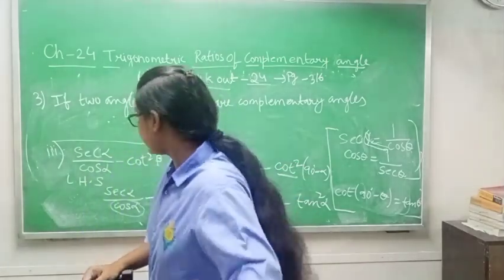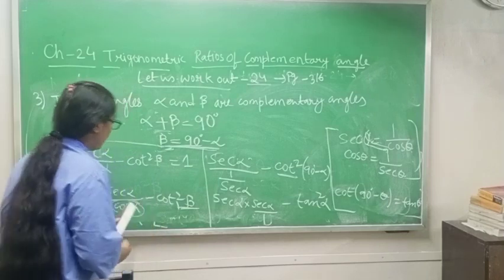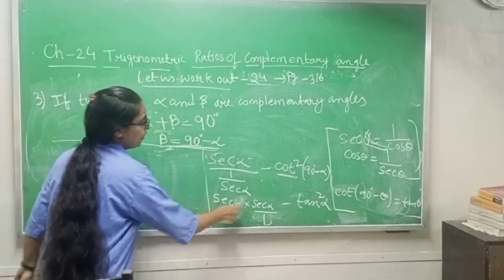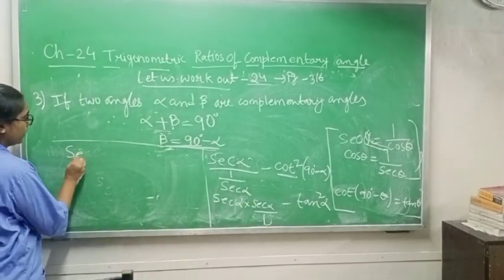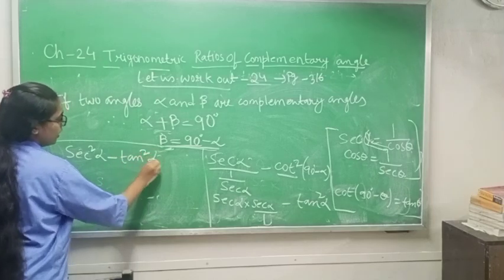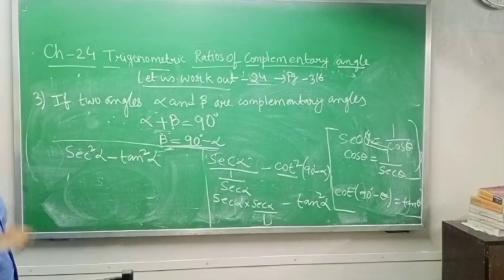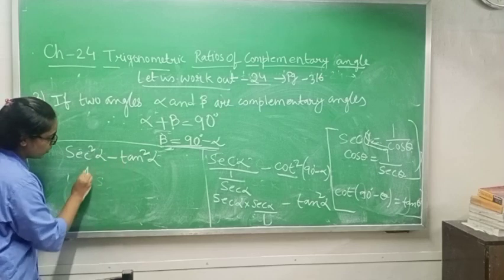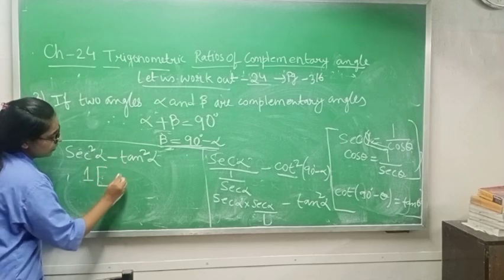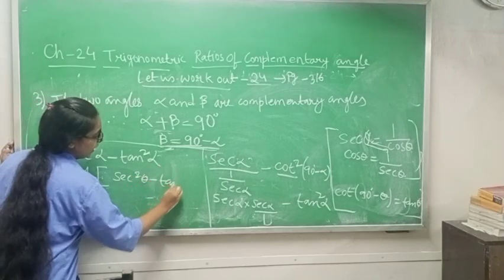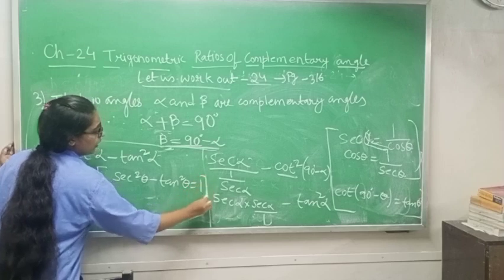Understood up to here? Now after doing this, sec alpha into sec alpha will give you sec square alpha, and there you have tan square alpha. From chapter 23 again you have one formula which gives sec square theta minus tan square theta equals 1. Why? Because sec square theta minus tan square theta equals 1.